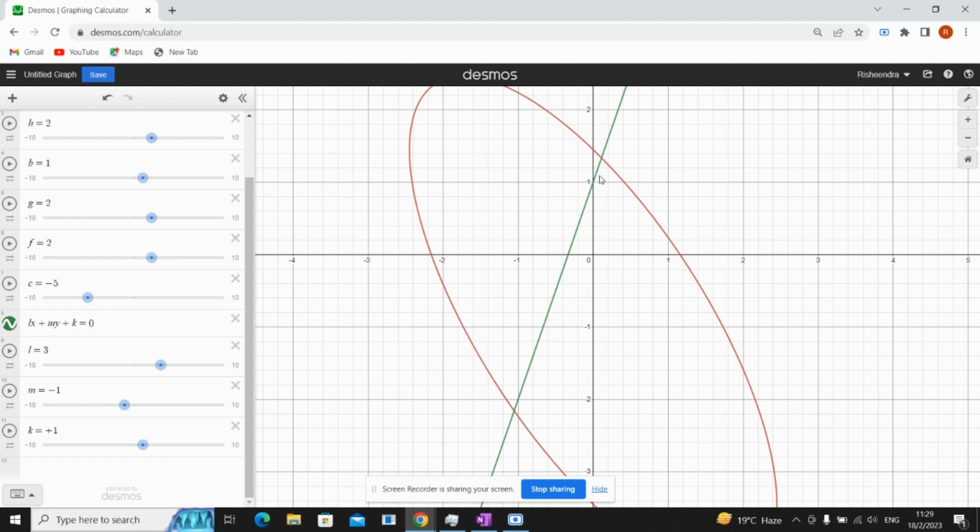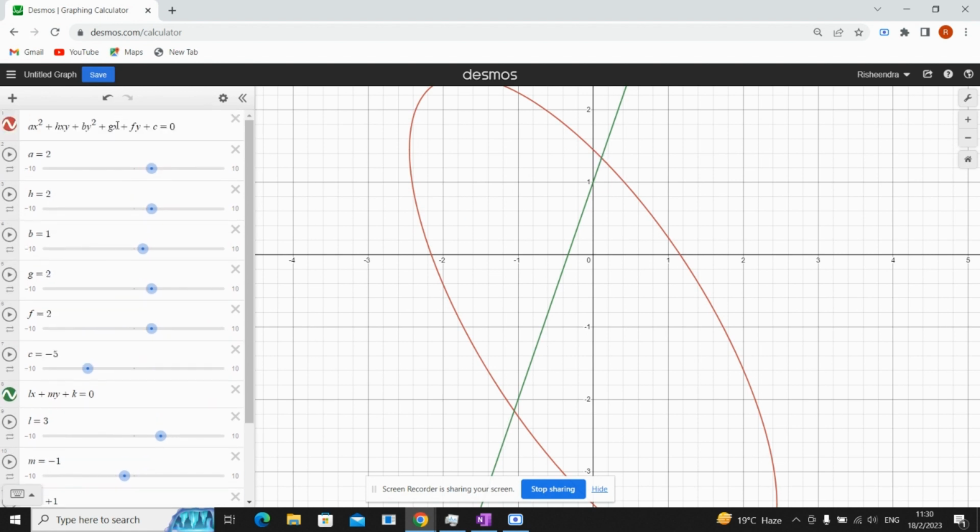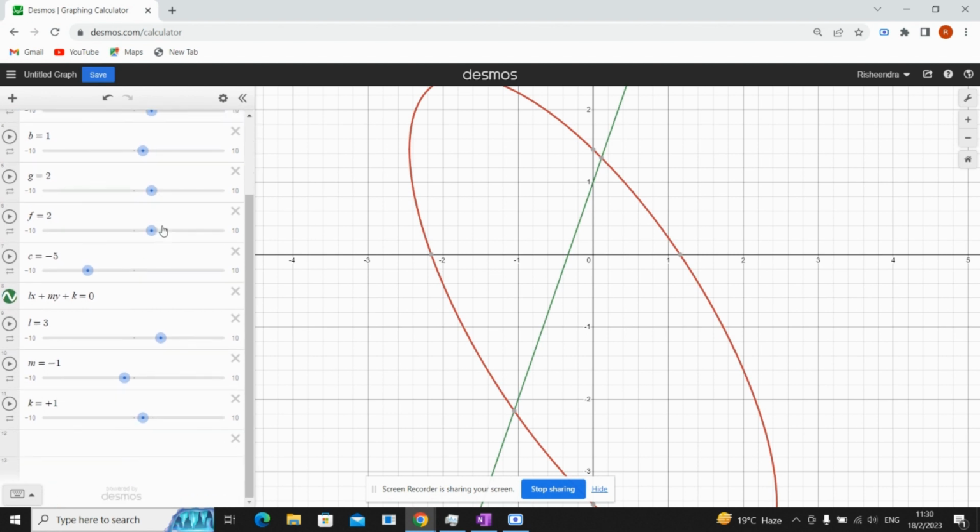That is the question. Now we have to find the equation of the pair of straight lines which joins these two points. Seems tricky, right? Let's see how we solve this.